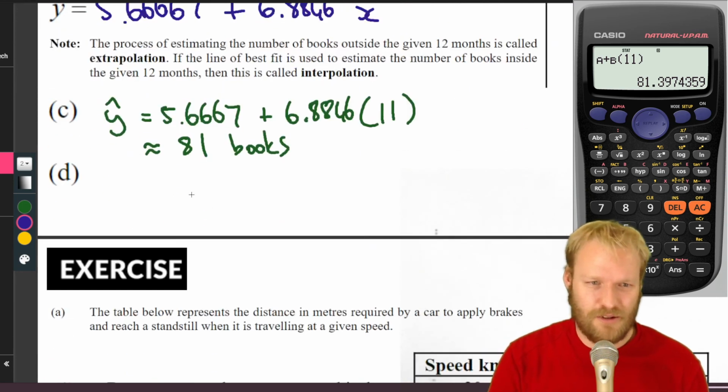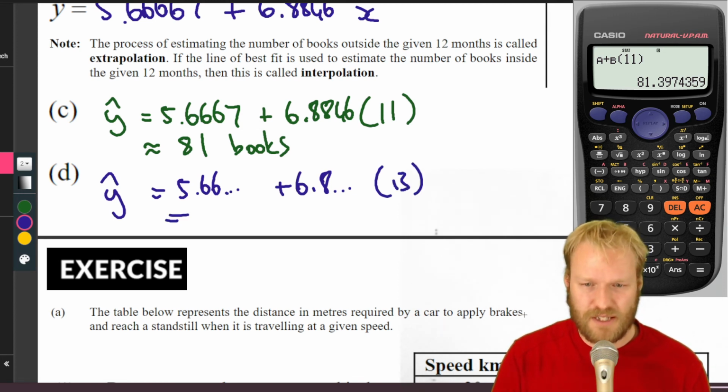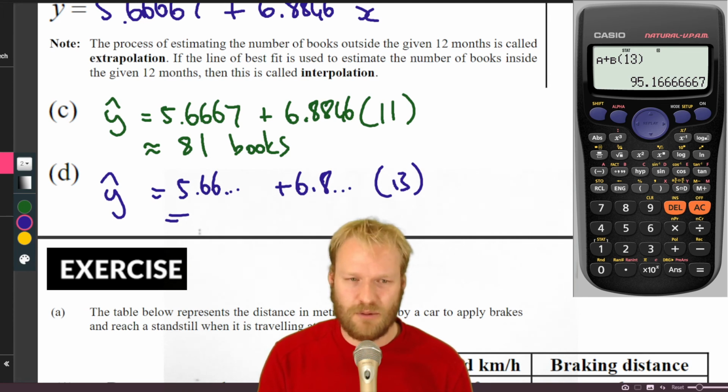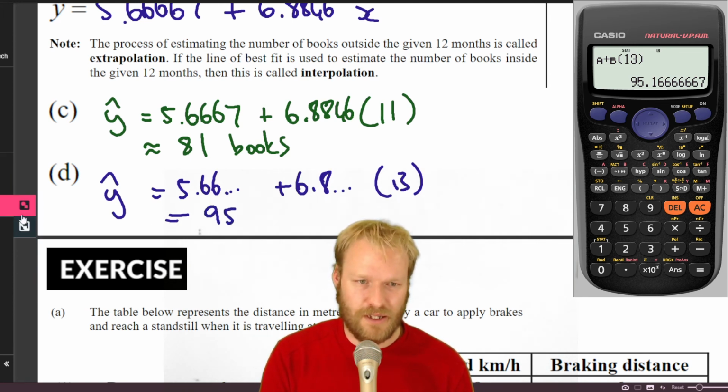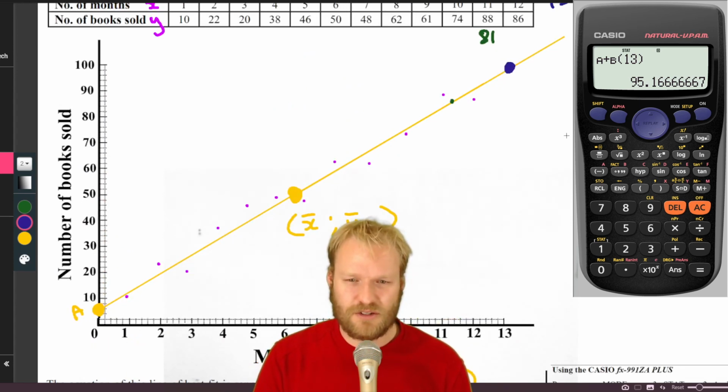With 13, here we just go y hat equals 5, 6, and so on, plus 6, 8, and so on, times 13 equals 95.1, and so on. So that's approximately 95 books.